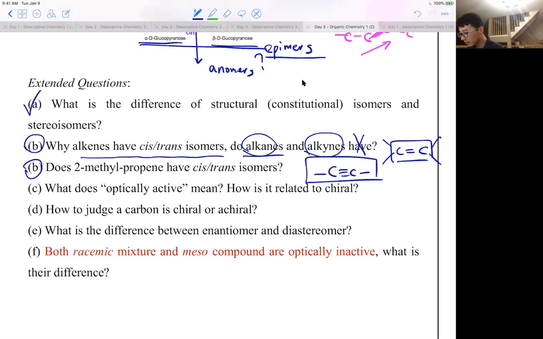Next one, can you read the question and think about it and let me know what's your answer, yes or no? This is the compound, right?